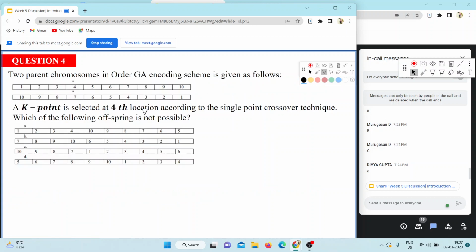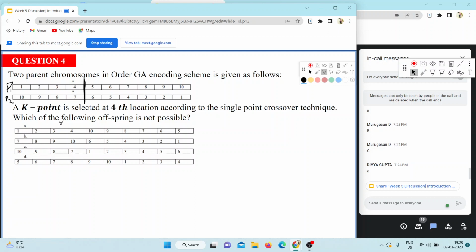So this is the fourth question. Two parent chromosomes in order GA encoding scheme are given as follows. This is your P1 and this is your P2, and you are told here the fourth K point, that is, an imaginary bar is given after the fourth position.